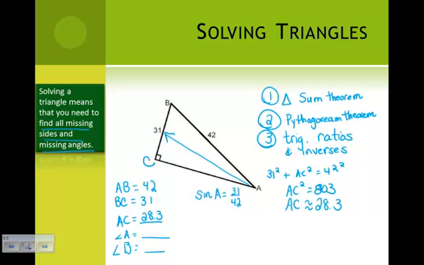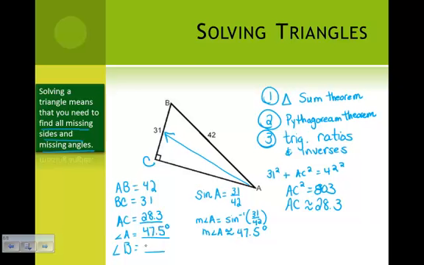So to find the actual measure of angle A, I'm going to use my inverse function. So the measure of angle A is equal to the inverse sine of 31 over 42. So inverse sine of 31 divided by 42. And you get the measure of angle A is approximately 47.5 degrees.